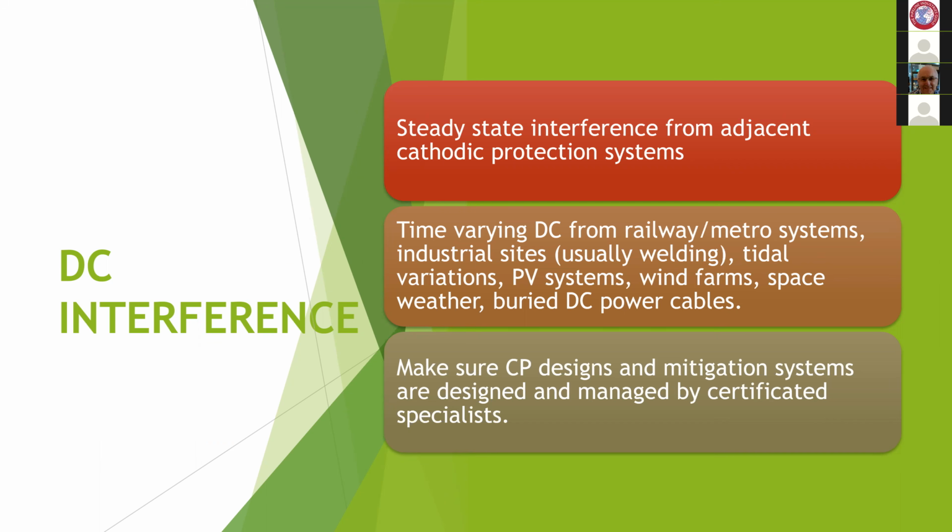So if we look at now the DC interference, we've got the two that I mentioned, the steady state and the time varying. The steady state is often more difficult for designers to understand. And it's all to do with the movement of electric charge in the ground, which is a complex subject in itself.